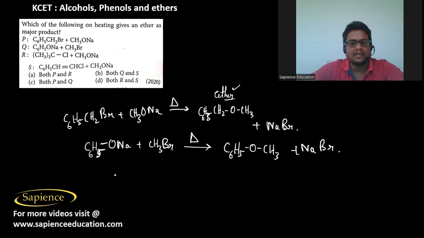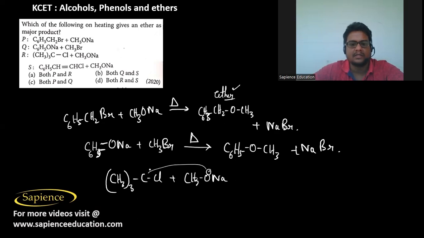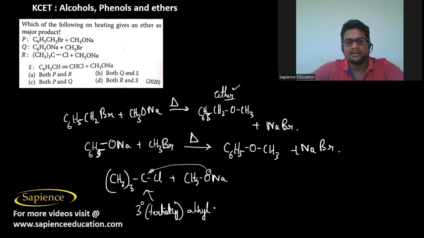And in part R, when (CH3)3CCl is heated with CH3ONa, this CH3O⁻ will attack here. So here the ether will not be formed, since it is a 3 degree or tertiary alkyl halide.